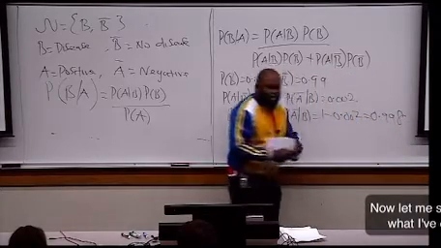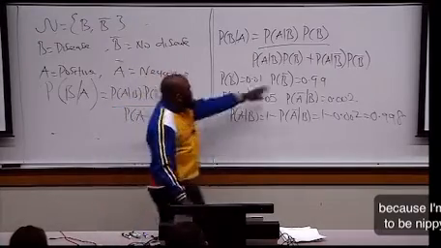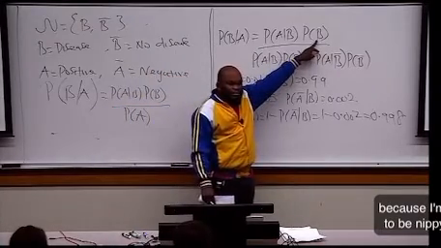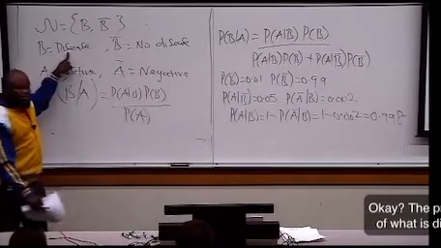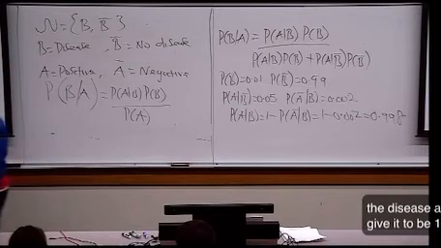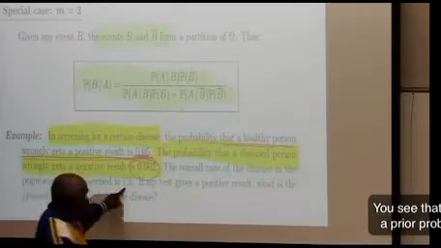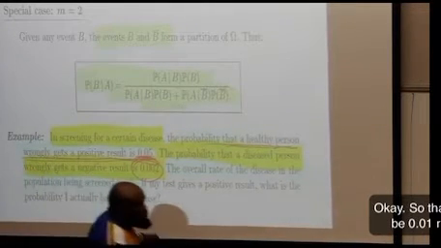Now, let me show you what I've done. Because I need the probability of B. What is B? Disease. That will be the rate of prevalence of that disease, and that is given to be 1%, right? You see that? That's a prior probability. So that would be 0.01.